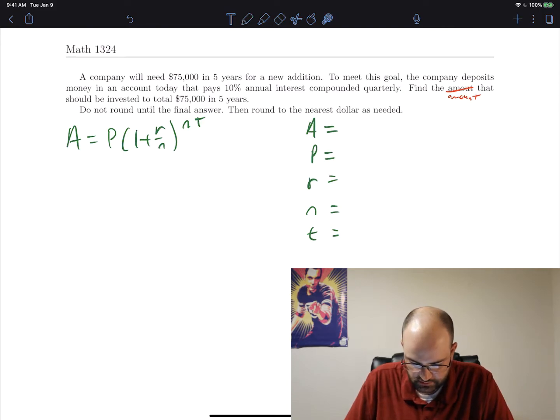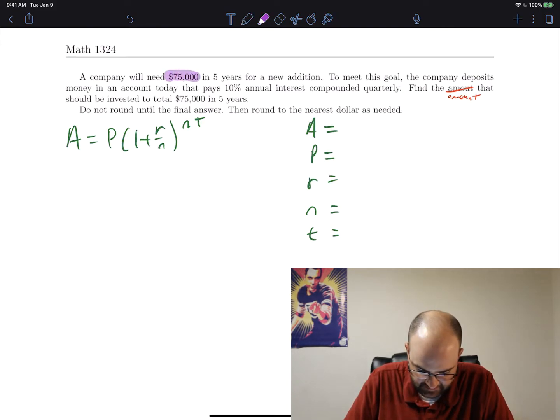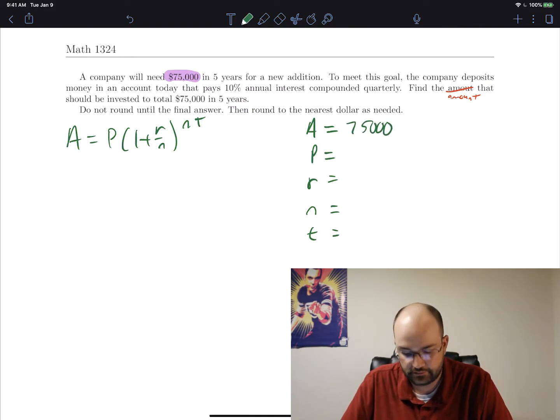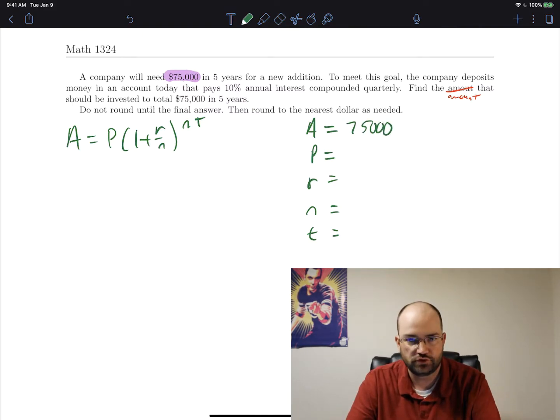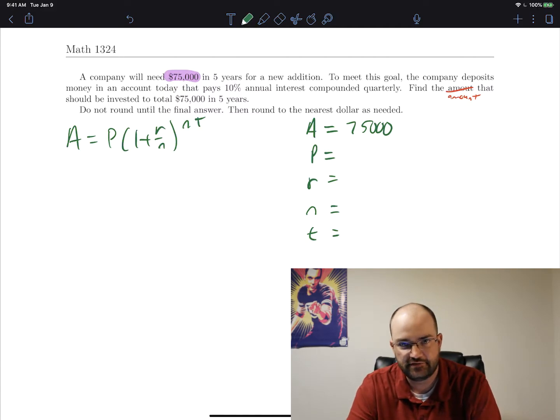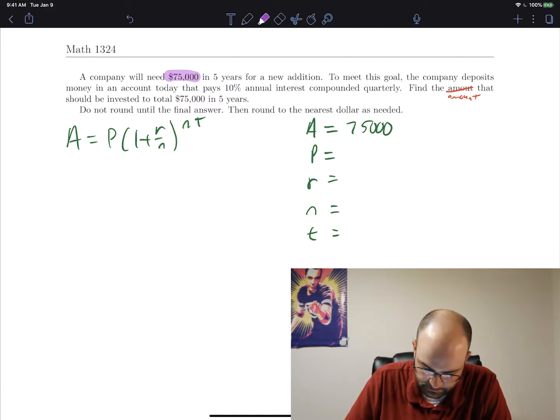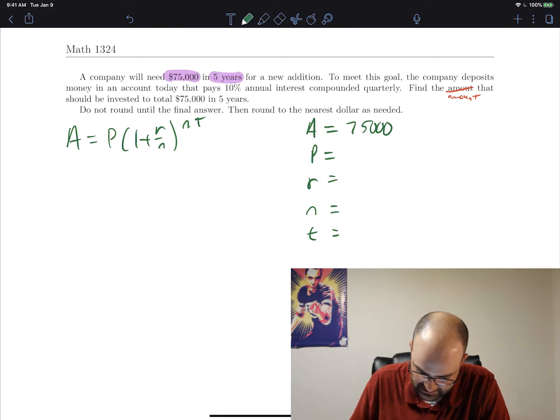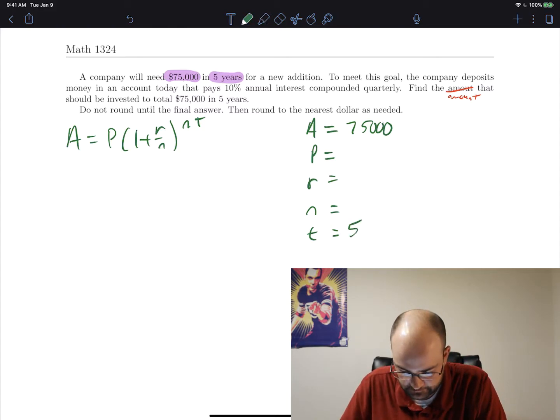In this question, this $75,000 is actually the future value. It's how much you want in the future. In the next 5 years, you need $75,000. And that indicates that t should be 5 years.